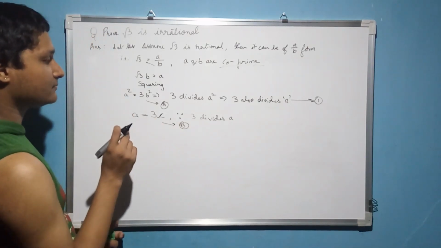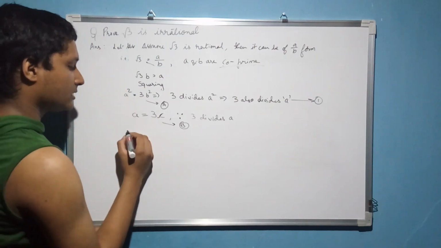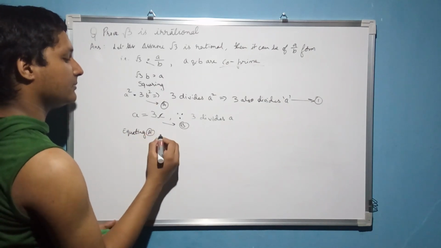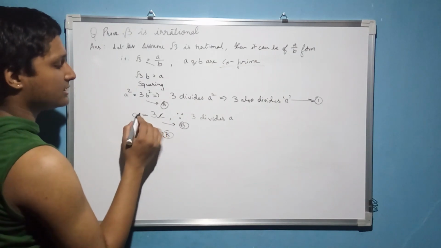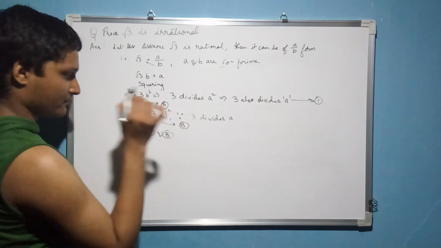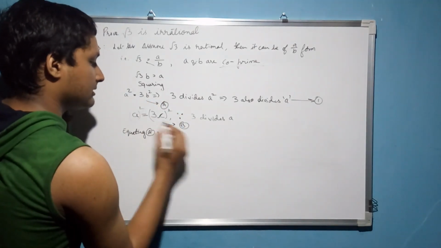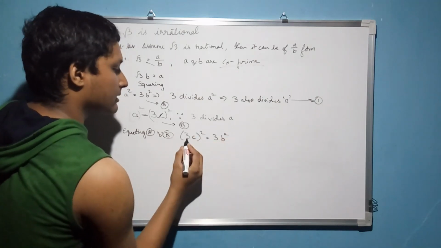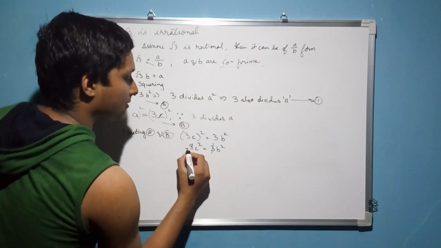I'll equate both these. Before equating, we should square both sides of B. Squaring, that means 3c whole square is equal to 3b square. 3c whole square is 9c square, equal to 3b square. 3 and 3 are going to be cancelled.